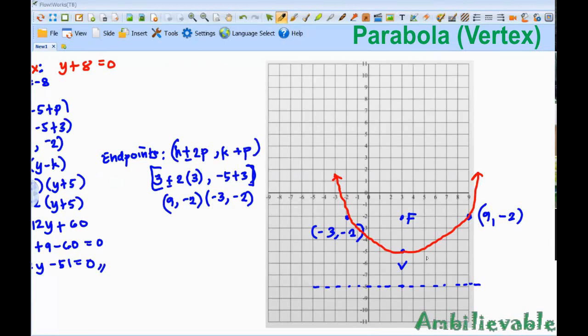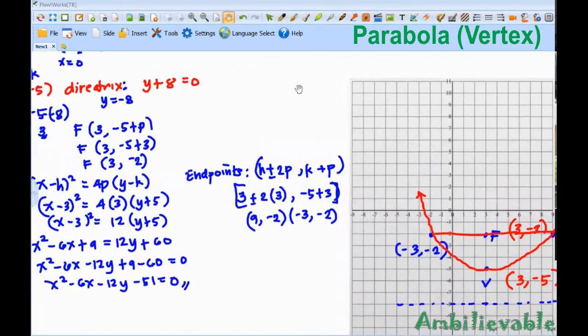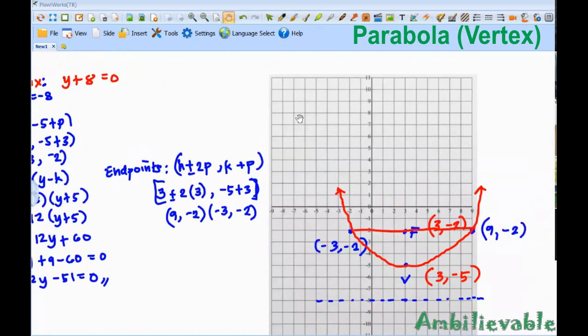And the focus is at (3, -2). And the length of our latus rectum would be 4 times the P. What's the value of our P? The P is 3. So that's why it should be 4 times the P.